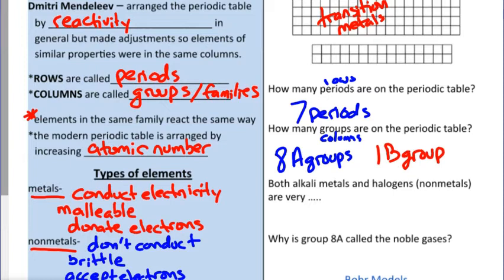Okay? So for the next question, it says both alkali metals, which we have to recall as group 1, so right here, and the halogens, which is group 7, right here, are very, we're going to say, reactive.